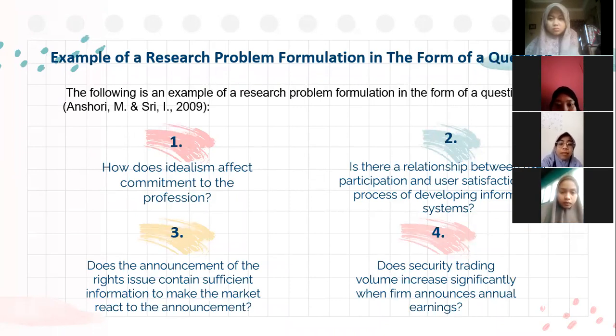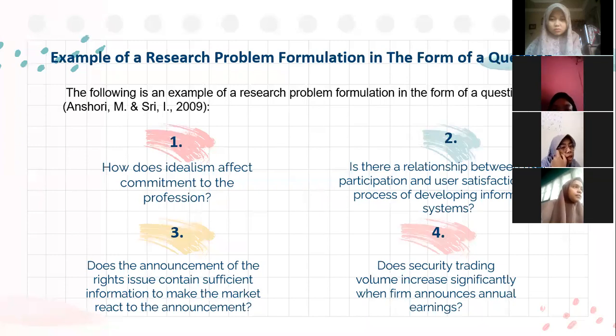And the last is an example of a research problem formulation in the form of a question. The following is an example according to Ansori M&C I, 2009. One, how does idealism affect commitment to the profession? Two, is there a relationship between user participation and user satisfaction in the process of developing information systems?